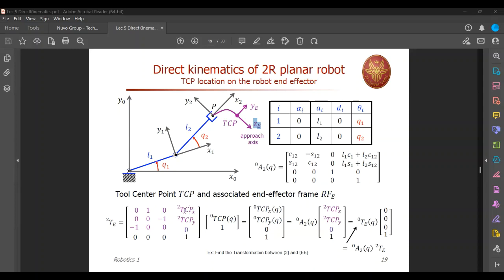This is the tool center point x coordinate. This is the tool center point y coordinate, x and y. So I moved, my motion is along y and z directions. But in the homogeneous transformation matrix, it appears along x and y. Can you see that? X and y. Reason is pretty obvious.